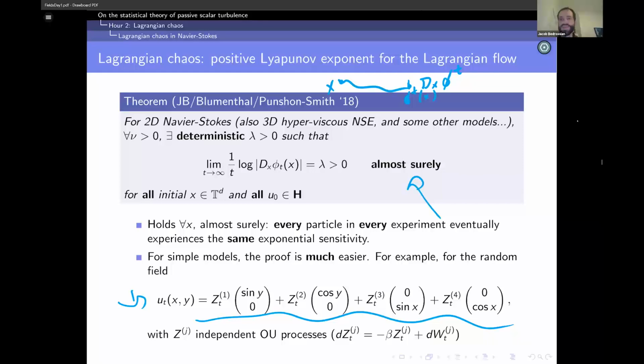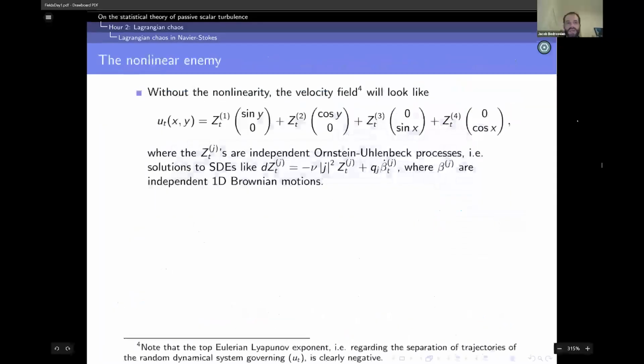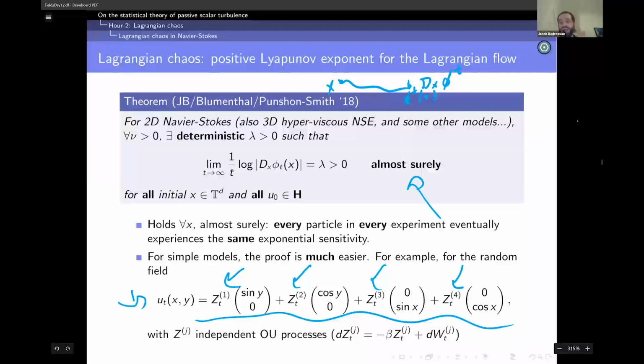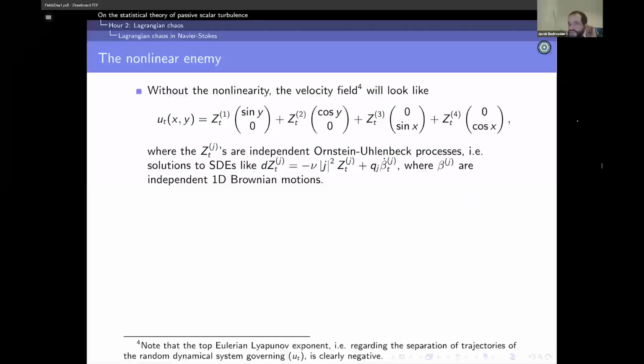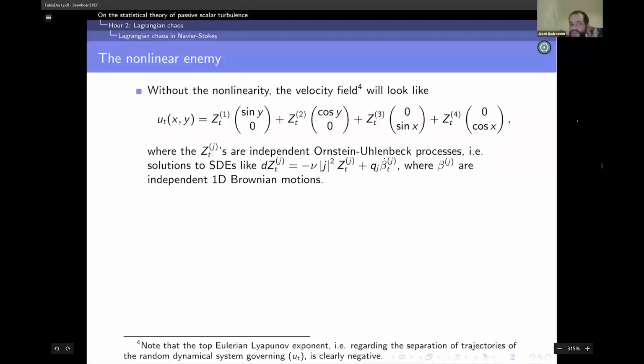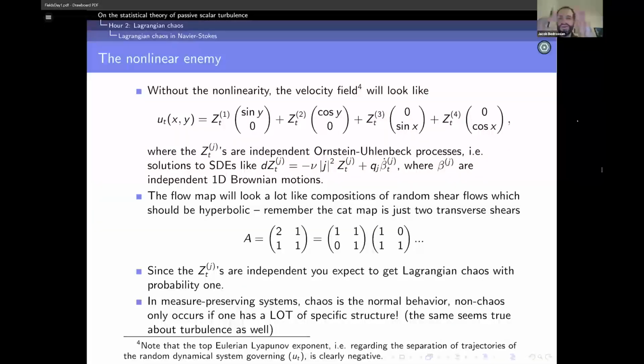This is an example of what happens when you drop the nonlinearity: a field where the value of each Fourier mode just evolves according to independent Ornstein-Uhlenbeck processes, solutions to the simplest stochastic ODE imaginable. If you squint, you can imagine that the flow map associated with this velocity field will look like the composition of random shear flows, like this, this, and this.